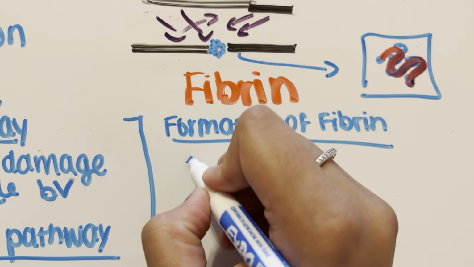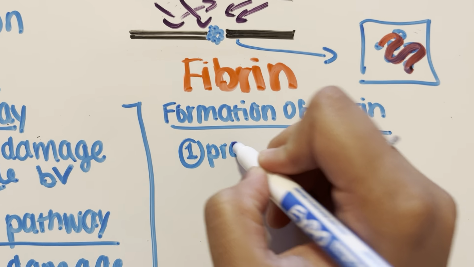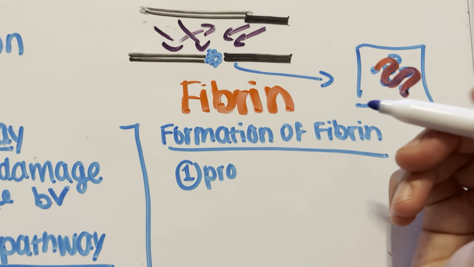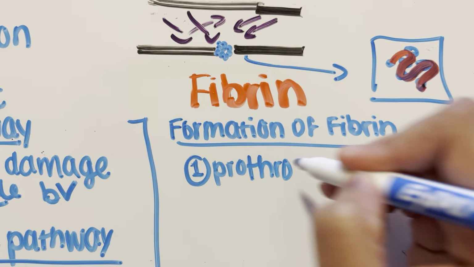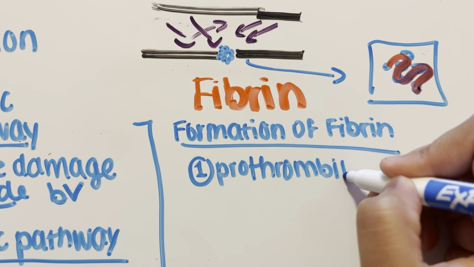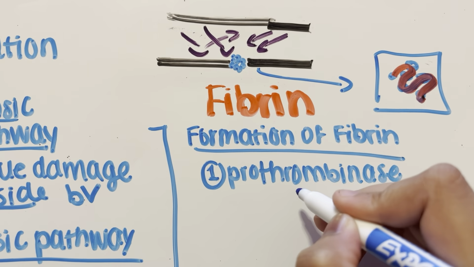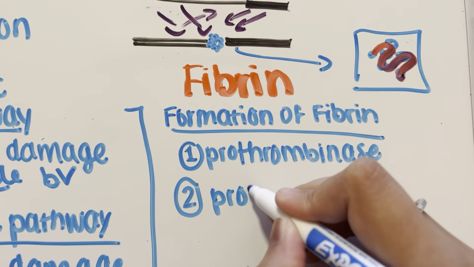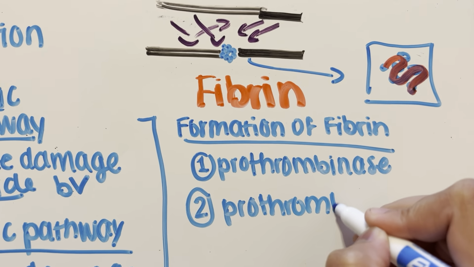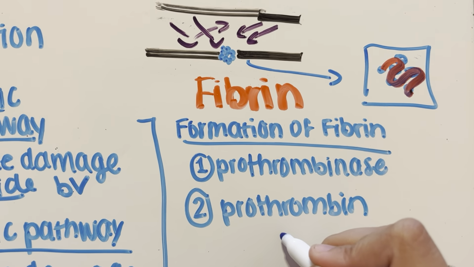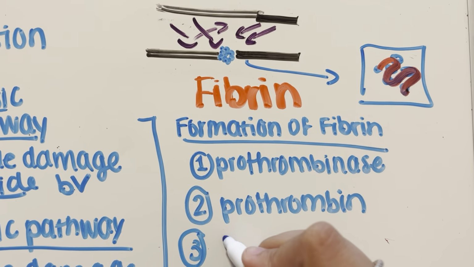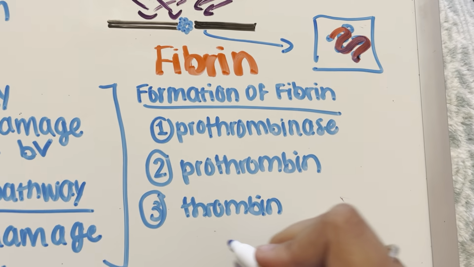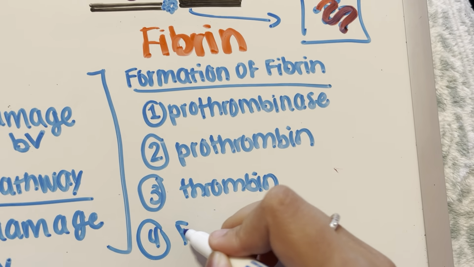Okay, so the first thing that you're going to have is prothrombinase. And that will lead to activation of prothrombin, which will lead to the activation of thrombin, and that will lead to fibrinogen.